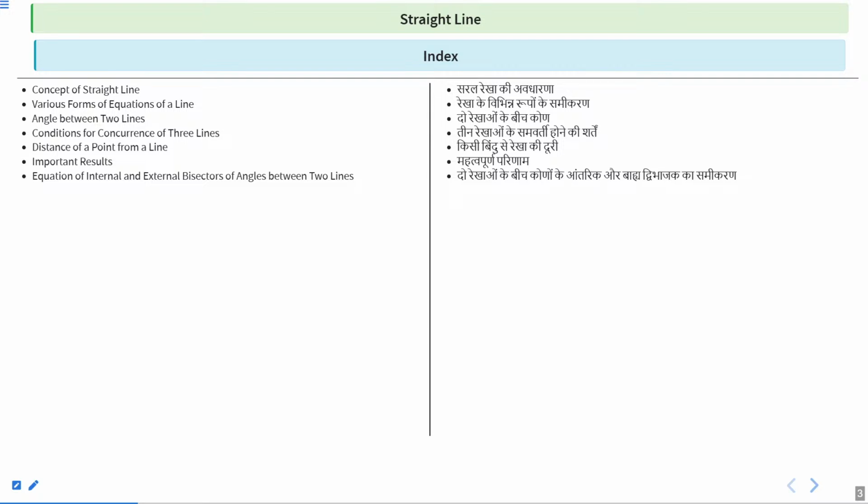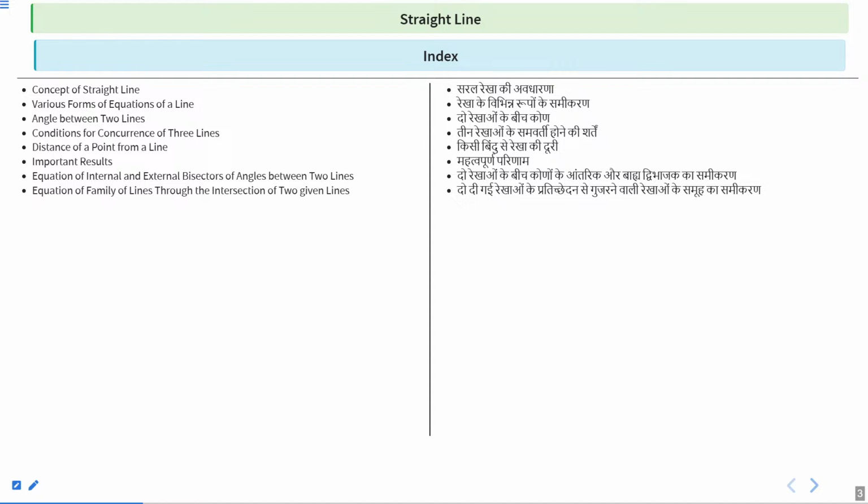If two lines are intersecting at a point, and suppose we have to draw the angle bisector of the angle between the two lines, then there can be two angle bisectors. One is internal and one is external, right? So in this part, we will discuss both the internal and external bisectors of the angle.